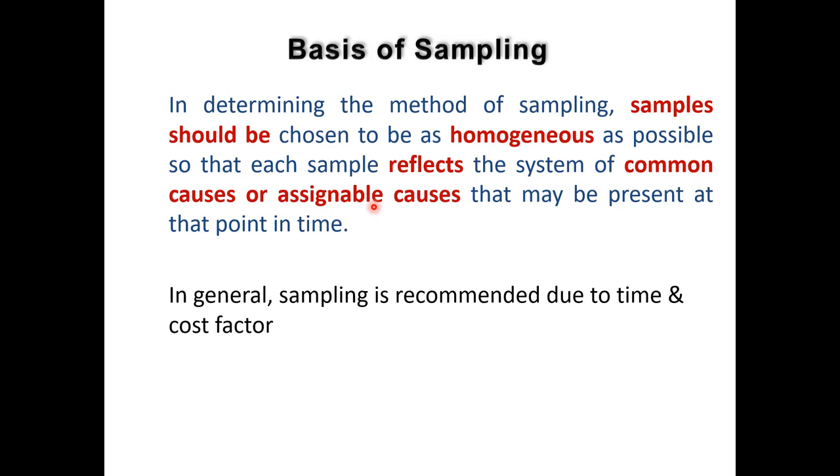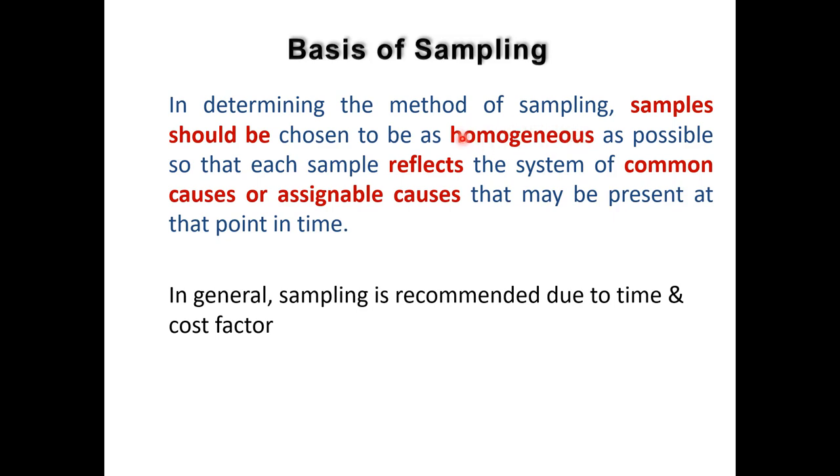Okay. Now, again, if you want to decide on your method of sampling, your sampling should be done such that it enables you to identify the presence of assignable causes especially, because this is something that you can control. As such, your samples should be homogeneous.